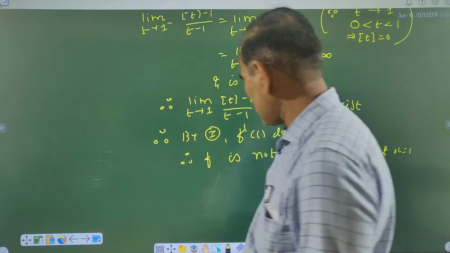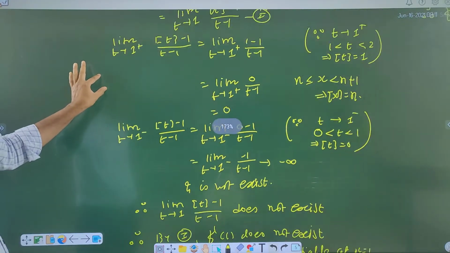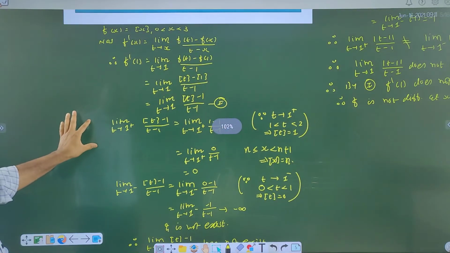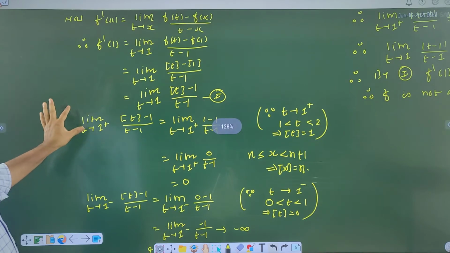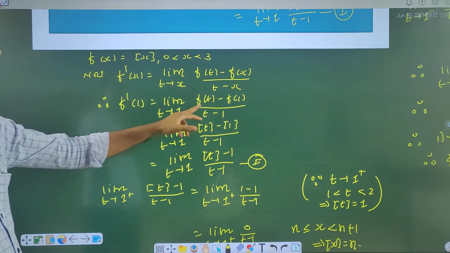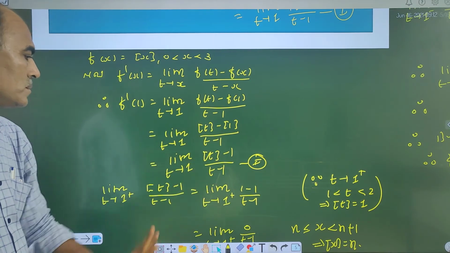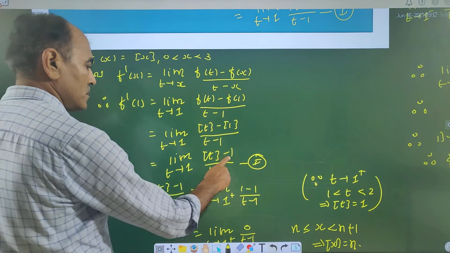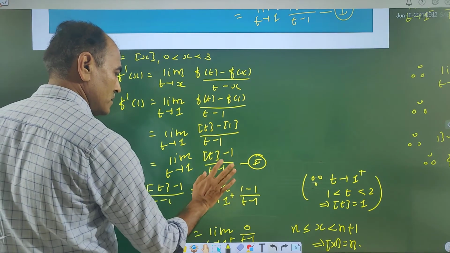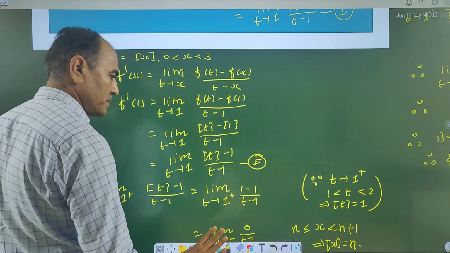On the same line you can see that this function is not differentiable at 2. Here also you get 2. Then find out the right hand and left hand limit.